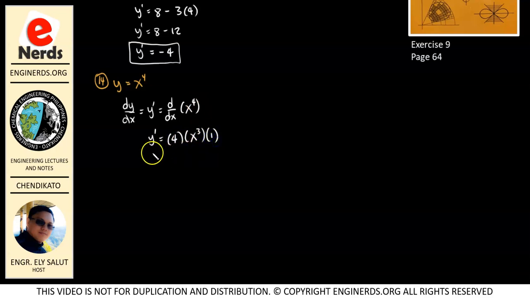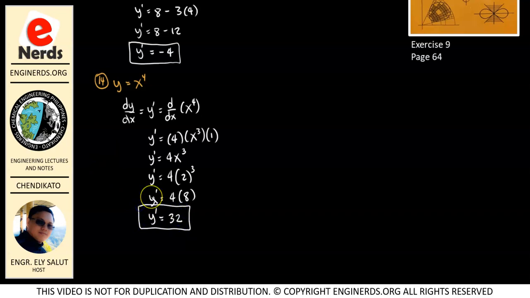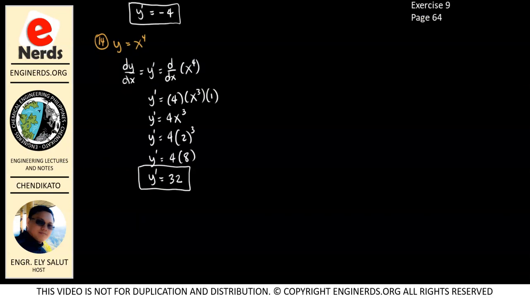Derivative of x is equal to 1. So, y prime is equal to 4x cubed. So, y prime is equal to 4 times 2 cubed. Y prime is equal to 4 times 8. Therefore, our y prime is equal to 32. Okay, so this is our final answer for this problem. So, punta na tayo sa problem number 15.